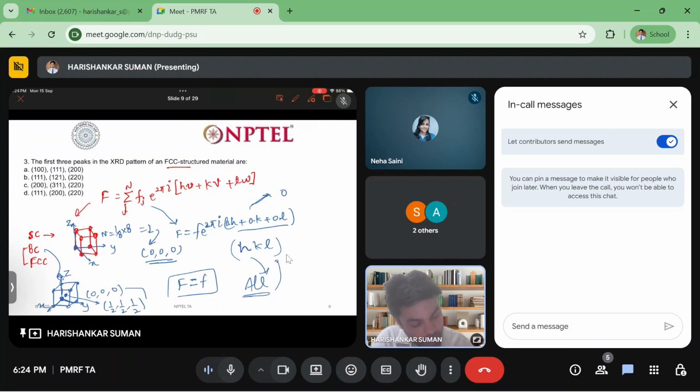These are the positions for the calculation, and let me know your comments. Similarly, please find the positions of the atoms for face centered and calculate by yourself. You can take 5 minutes for this question, but please try. This is the structure factor.